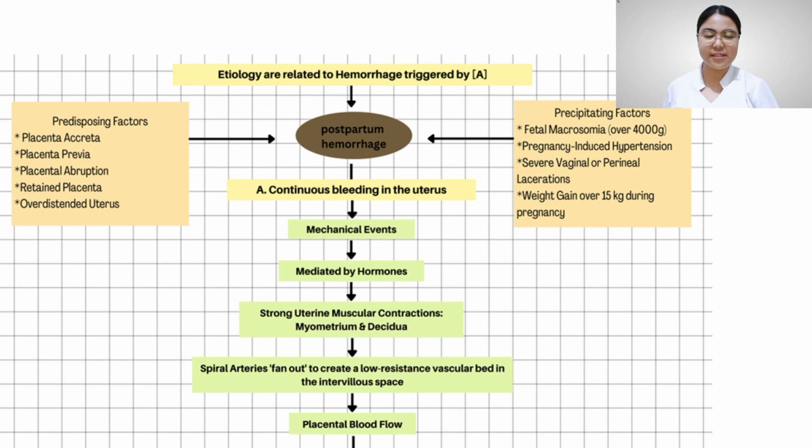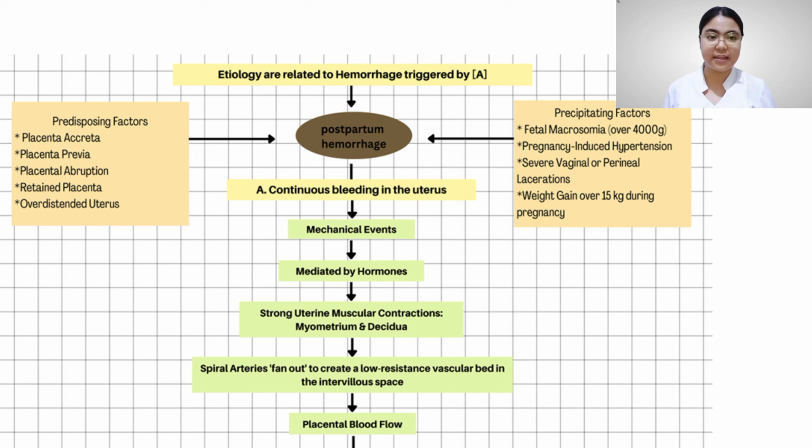As you can see, beneath the yellow box is also a green box, which means the pathophysiological events of how the bleeding occurs. First, it starts with the mechanical events, followed and mediated by hormones, then followed by strong uterine muscular contractions, the myometrium and decidua.